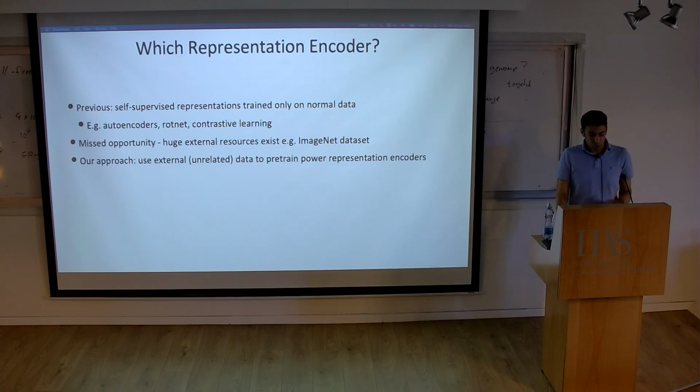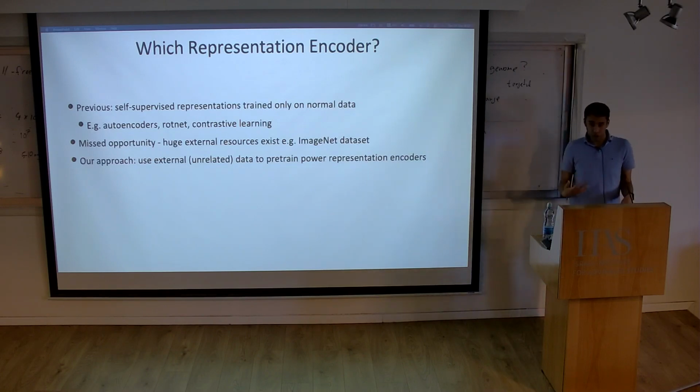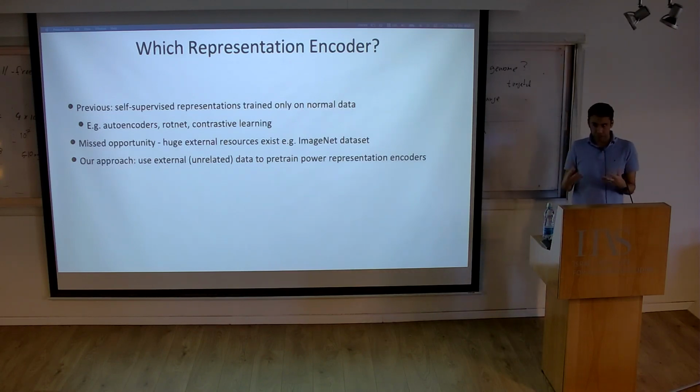The idea that we had, and we'll show that it actually worked quite nicely, is that if we take generic representation encoders, for example, for images, a deep neural network which was trained on the ImageNet dataset, which is a large dataset consisting of 1,000 different classes of objects, and it's quite diverse, has many different categories.